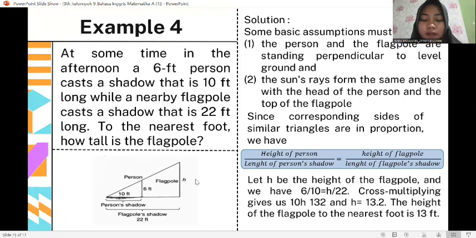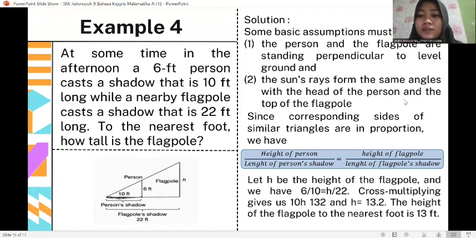And the flagpole is h. From here, we know the flagpole's shadow equals 22 feet. The person's shadow is 10 feet. So from here, we have 22 minus 10 equals 12 feet. Okay, so for the solution, some basic assumptions must be met. 1.